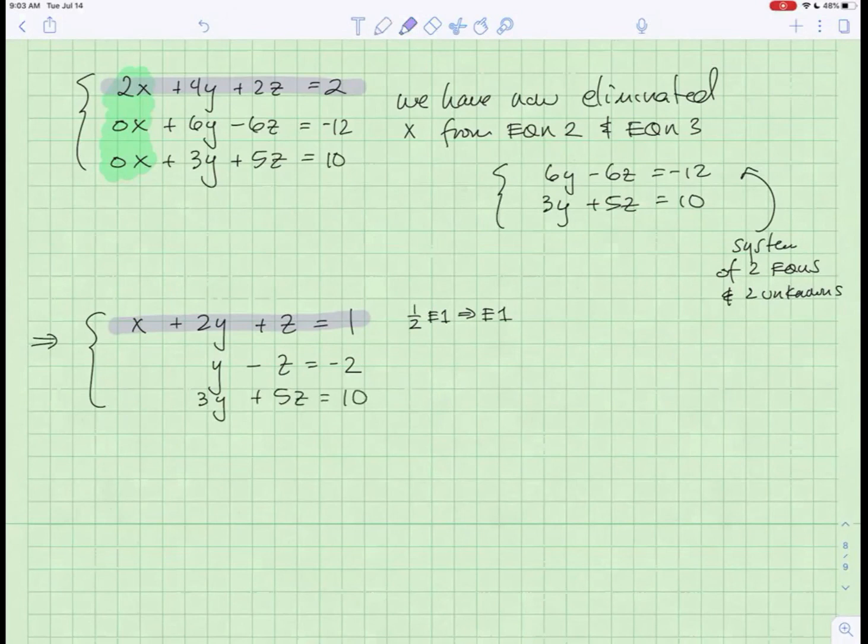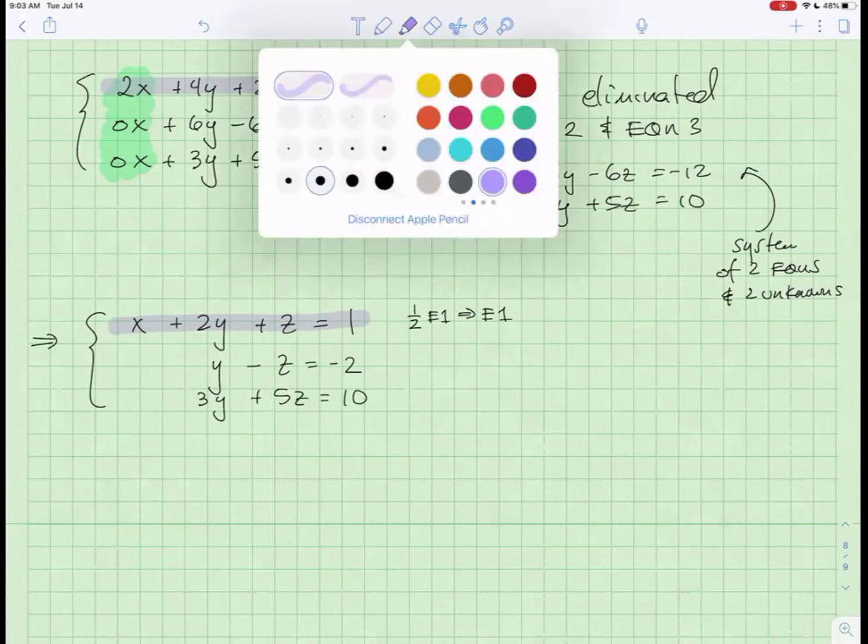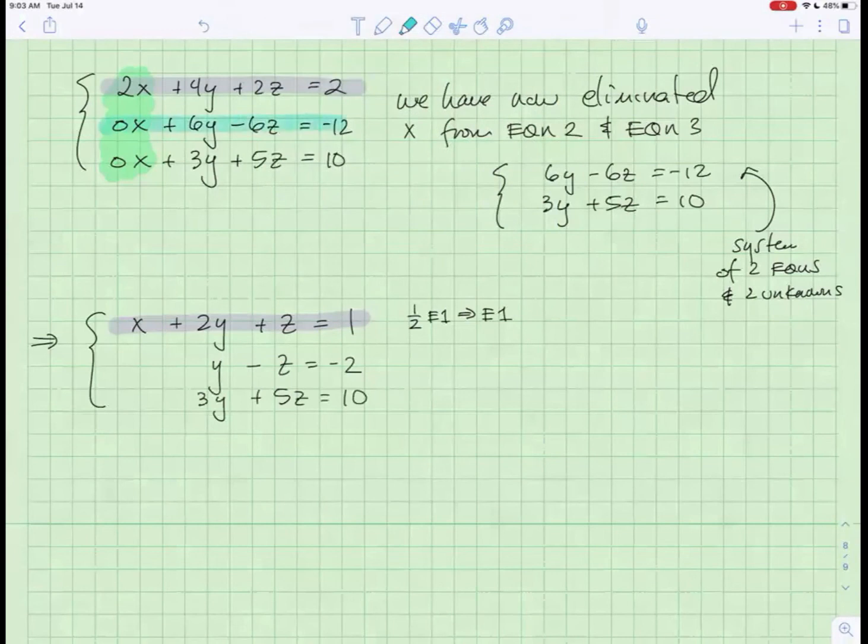So what I've done now is, what color have I not used yet? Blue. So for this new equation 2, I didn't write the 0x. There's no x's there, but I took 1/6 of equation 2 and made it my new equation 2.